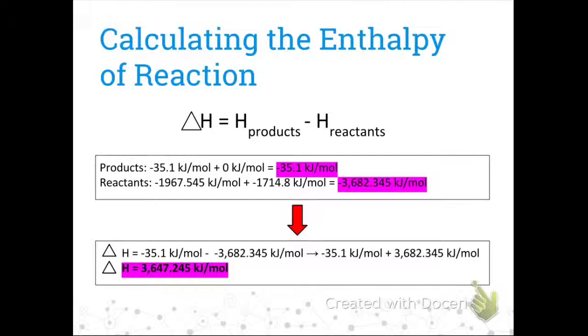Then for the products, we add negative 35.1 kilojoules per mole and 0 kilojoules per mole, and we get a total of negative 35.1 kilojoules per mole.